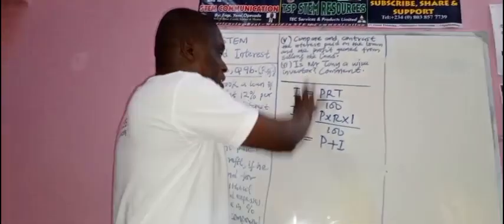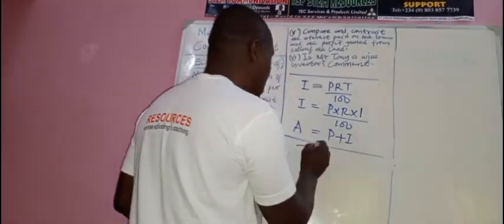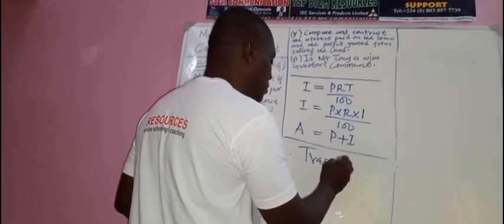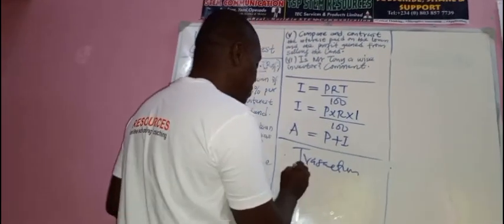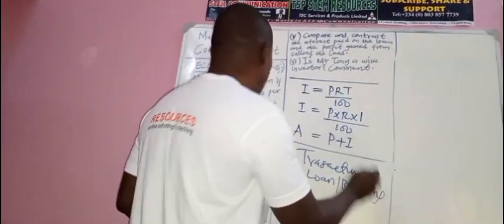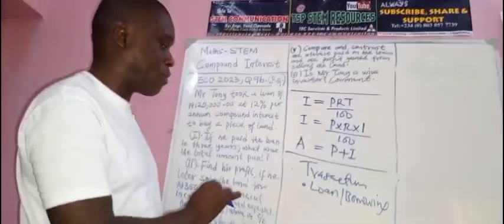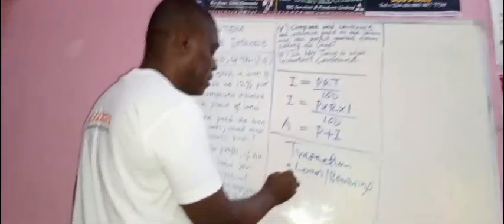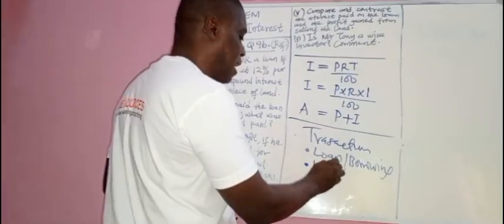Okay, so these 3 formulas are very, very important that you take note of. Now, when we talk about transaction, it can be seeking a loan or borrowing, as this man, Mr. Tony, has done in this particular question. It can be lending. You can lend out.